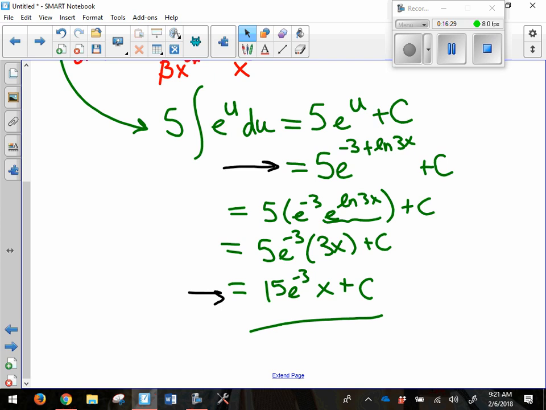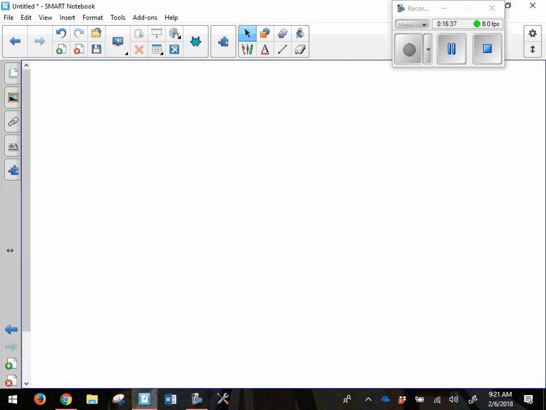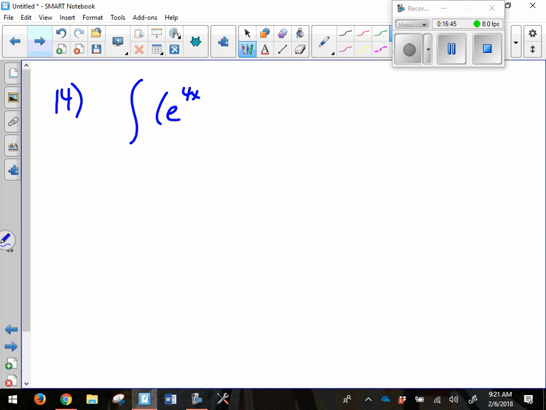Let's try one more. This is on the other sheet that says 7.2 integration by substitution, and it's on the back, and it's number 14, and it's the integral of e to the 4x minus 4 to the 1/5 times e to the 4x dx.